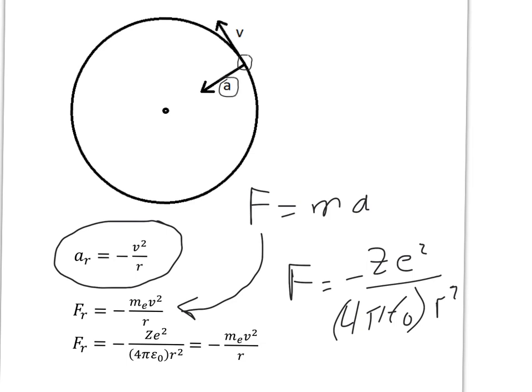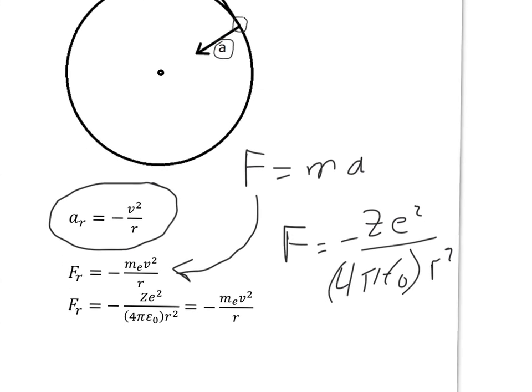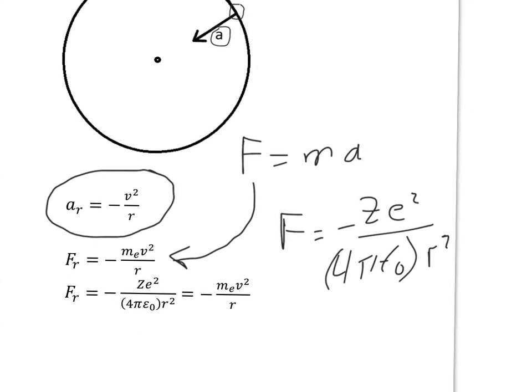Okay, now the source of the force must come from that potential, and if we simply equate that to what we know the force is to maintain the particle in a circular orbit, we wind up with this equation. Minus Z e squared over 4 pi epsilon naught r squared, the source of the force, is equal to the mass of the electron times velocity squared over r, simply what the force must be to maintain a circular orbit.